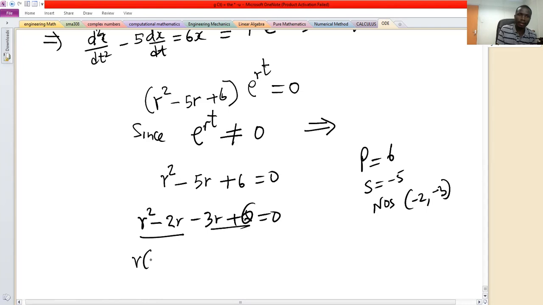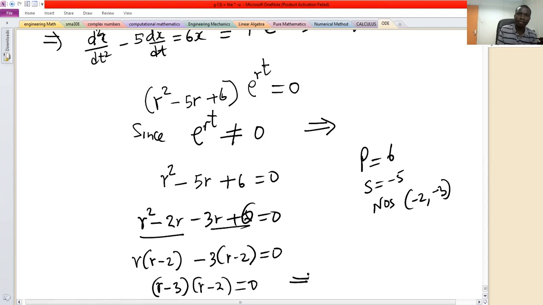So this will be r into r minus 2 minus 3 into r minus 2 equals 0. So r minus 3 and r minus 2 equals 0. And from this you get r1 is 3 and r2 is 2.